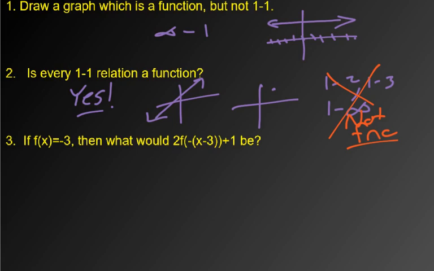This last question is kind of tricky, but a good concept question. So you've got f of x is negative 3. So let me actually draw it. So let's say that's negative 3. And you've got this question about what would this be.